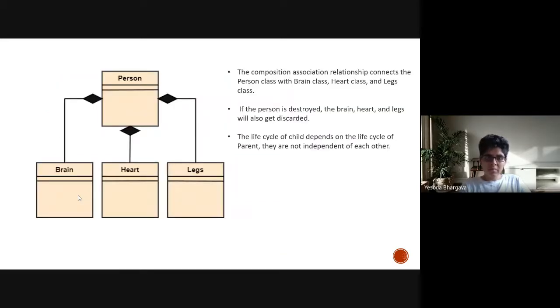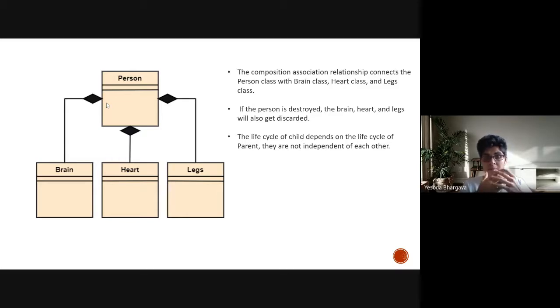Another example could be the nature of relationship between a person and his or her different body organs. Definitely, the brain has to be a part of the person if he or she has to be alive. So just trying to show that composition relationship as compared to aggregation relationship conveys a deeper dependency among the two classes which are linked by the composition relationship.